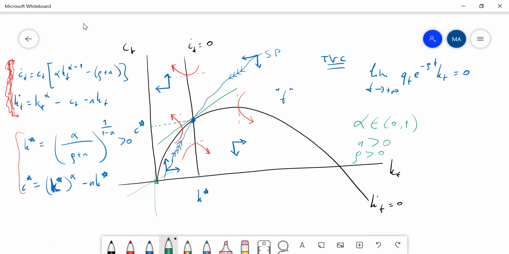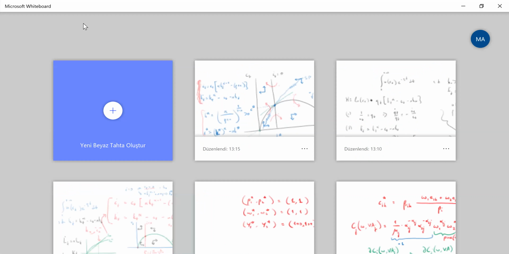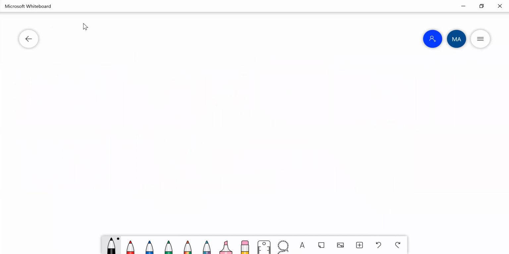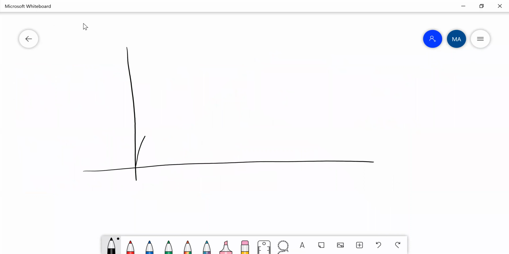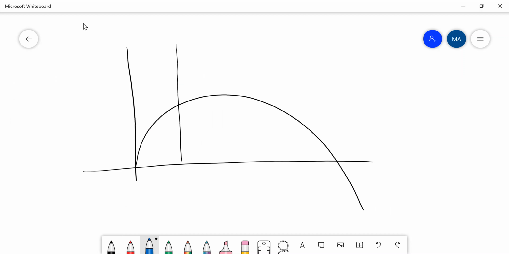Now the question is, what happens if we are not on the saddle path? Let's say the saddle path is here.